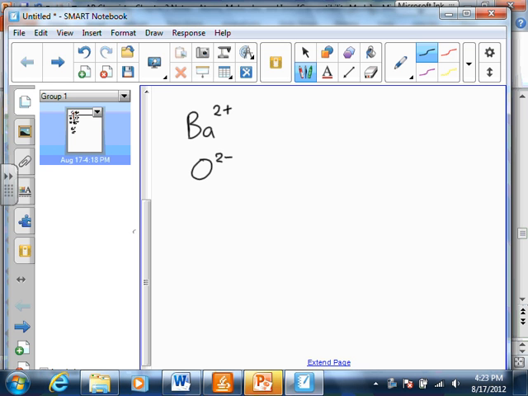Next sample problem: which of the following compounds would you expect to be ionic? N2O? Let's talk about N2O first. That's nitrogen and oxygen. They are both on the same side of the periodic table. Remember, ionic compounds are going to be on opposite sides.